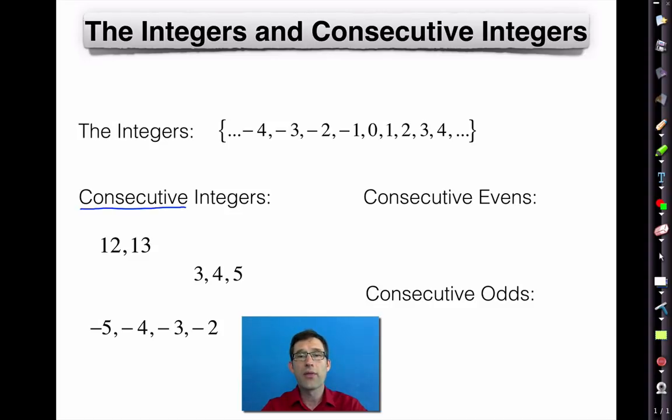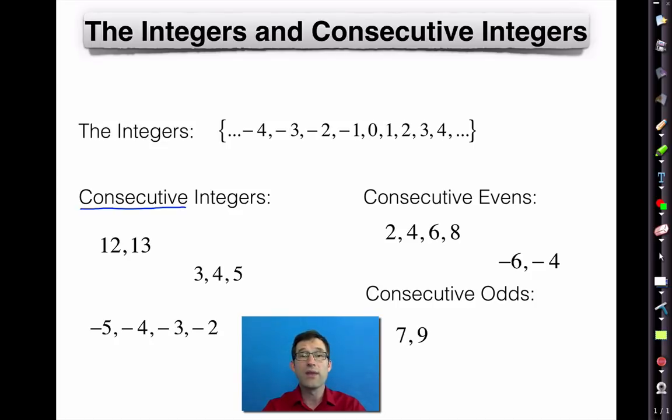We also talk about things like consecutive evens and consecutive odds. I'll assume that you know what evens and odds are, but 2, 4, 6, 8 would be a great example of 4 consecutive even integers. -6, -4 would be 2 consecutive even integers. We could also have consecutive odds, like 7, 9, a good example of 2 consecutive odd integers.